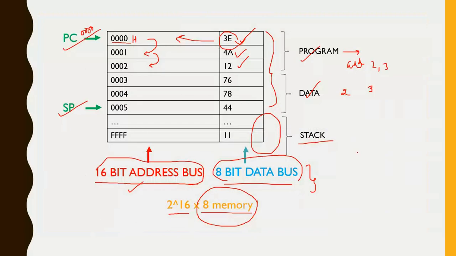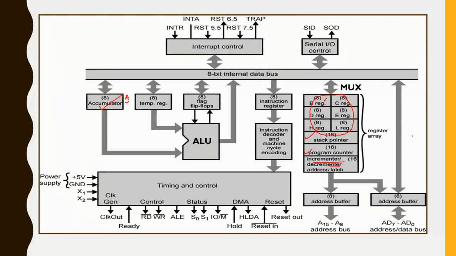Similarly, let's say I have a stack, and my first stack pointer is here. It can be a downward stack, and it can be an upward stack also. So the stack also needs to be incremented or decremented. That's why this increment and decrement address latch is provided.